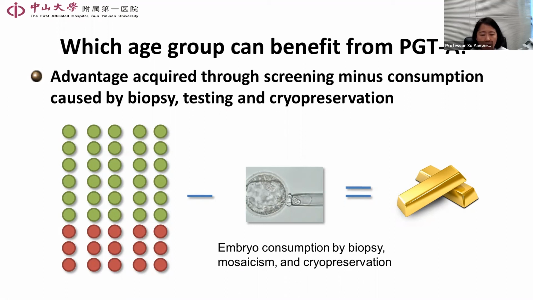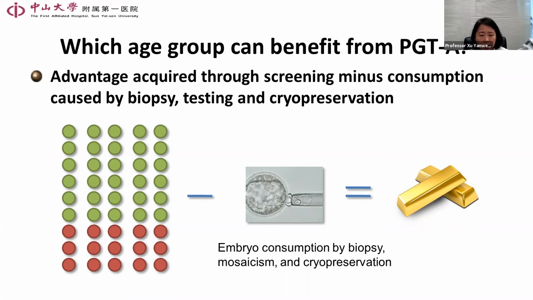Therefore, the benefit from the selection was lower, and may be lower than the consumption caused by the biopsy, mosaicism, and the cryopreservation. Therefore, in this group, the benefit is greatly reduced by the embryo consumption, and she may not get the profit from the PGT-A.